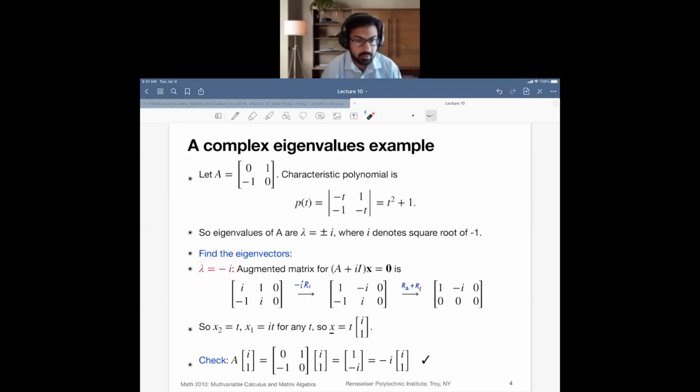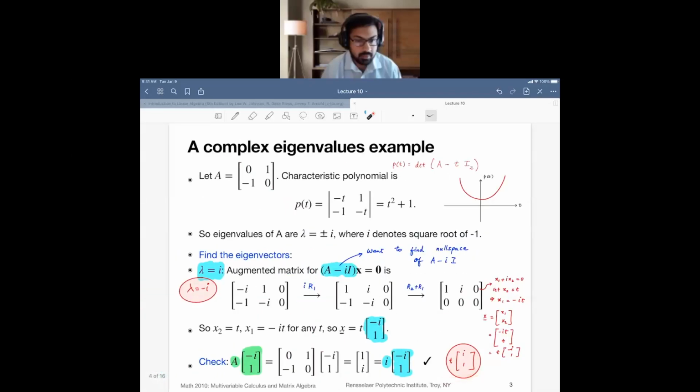And you see, I had reached that same conclusion earlier, right? So this validates that statement, which we are going to prove later on, that eigenvalues and eigenvectors appear in complex conjugate pairs.